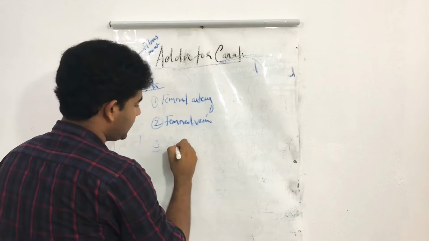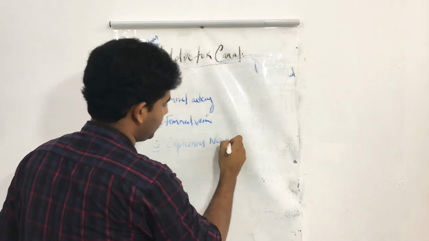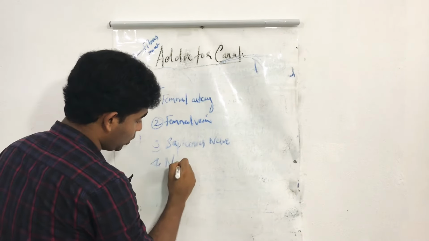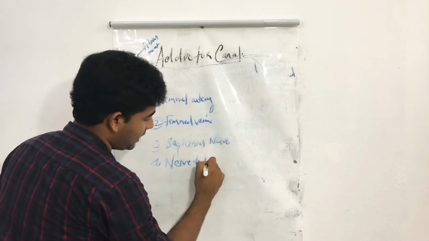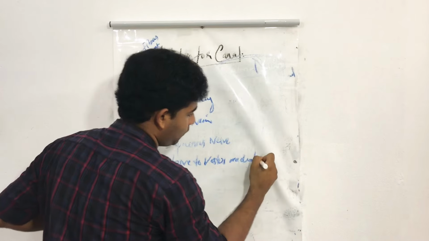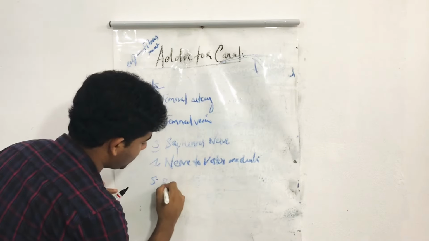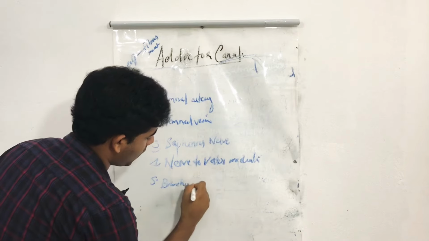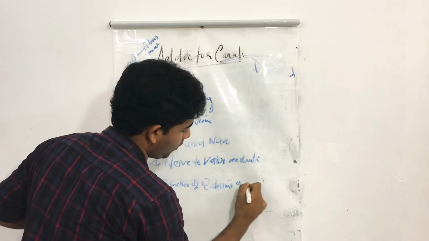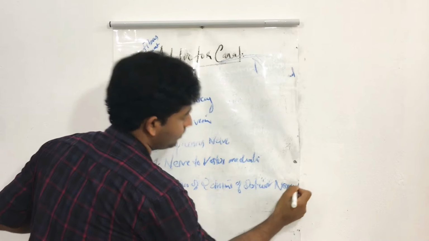Third one is saphenous nerve. Fourth one is nerve to vastus medialis. And fifth one is the two divisions of obturator nerve.